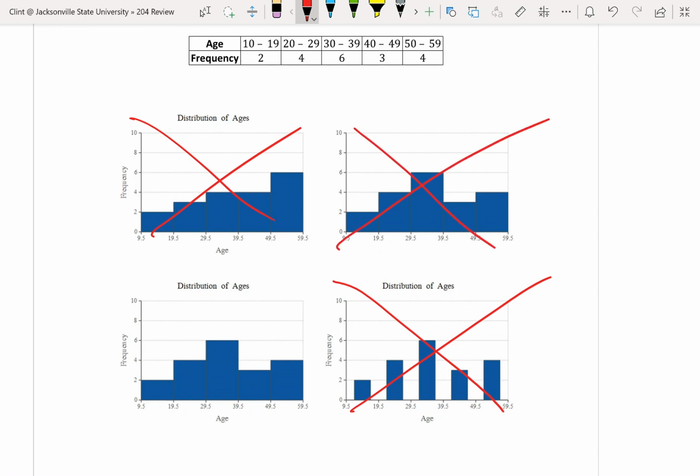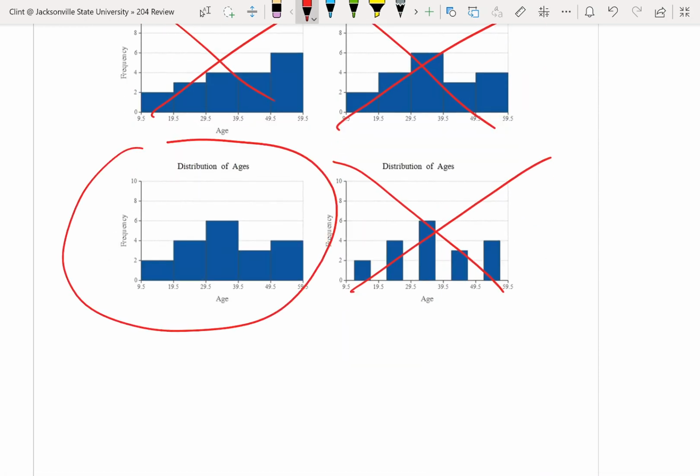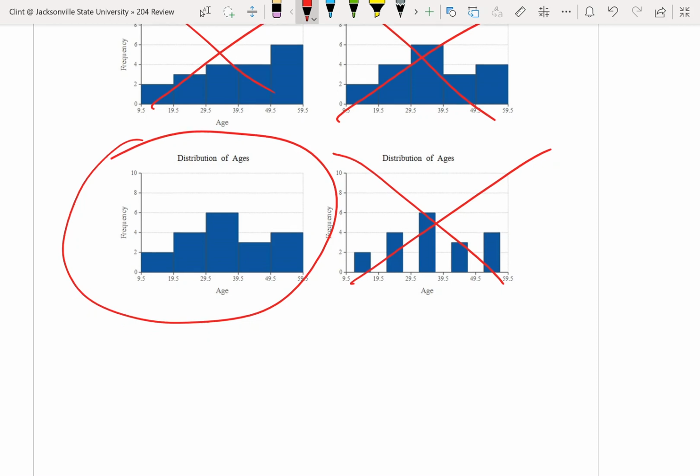What was wrong with number 2? It doesn't have labels or title. No labels or title. Okay, so that leaves us with graph number 3 there. Here's our proper graph. Nothing too difficult on that one. Questions on that? Okay.